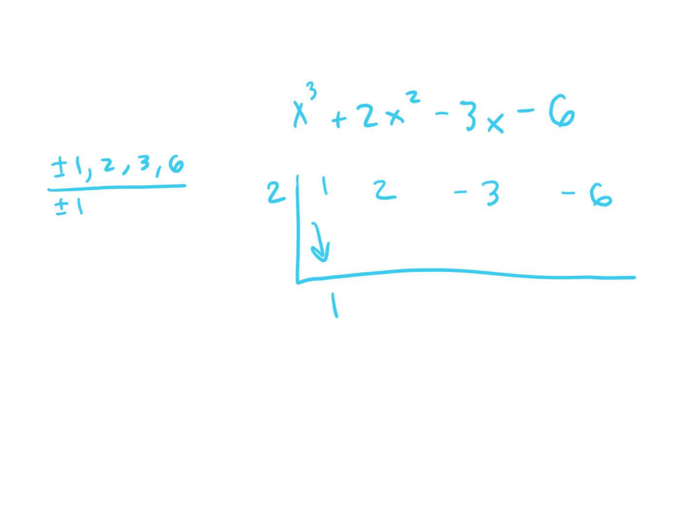Multiply, 2, 4, 8, 5, 10, doesn't work. Let's try negative 2. So negative 2, this would be 0, multiply, 0, add, negative 3, 6, 0. So negative 2 works. So one of my solutions is going to be negative 2.